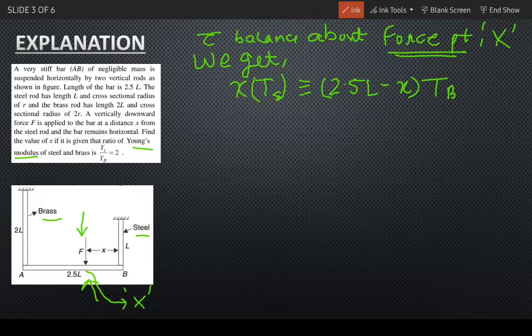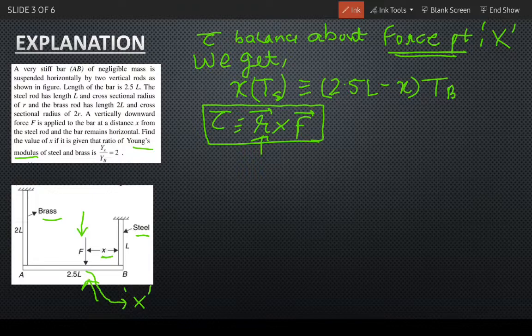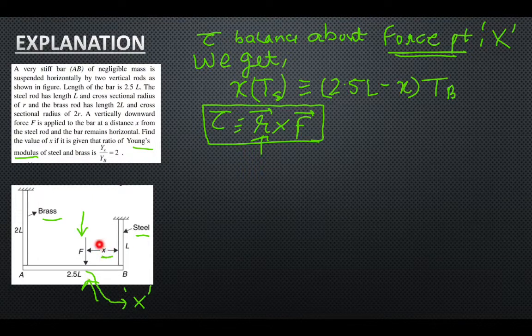Therefore, torque refers to R cross F. This is a formula from the famous chapter of RBD, rotational dynamics. R refers to the position vector, and F represents the force vector acting at that position. So here R is the x distance from the force F, and F is the tension T_S created in the steel rod from the force that we are applying.